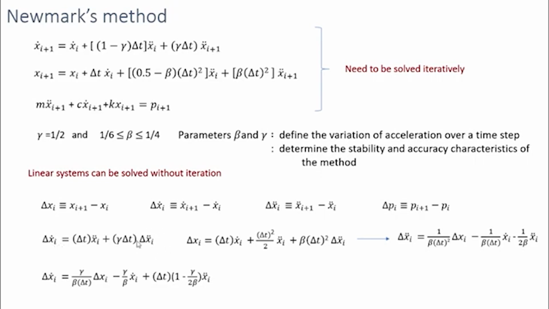Here it depends upon delta x double dot i. So we can substitute this expression here and we would get the incremental velocity as this. So now we have the expressions for incremental displacement, acceleration, and velocity. We can substitute these in the incremental equation of motion.